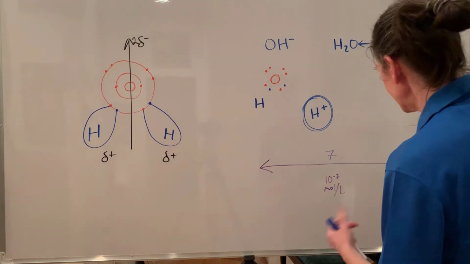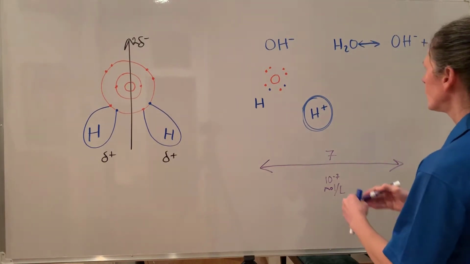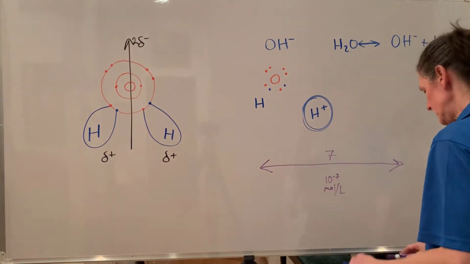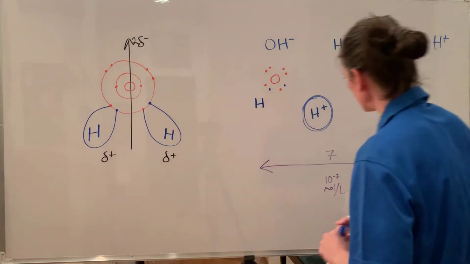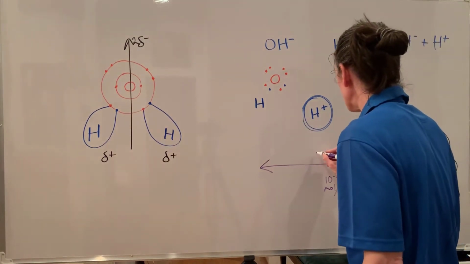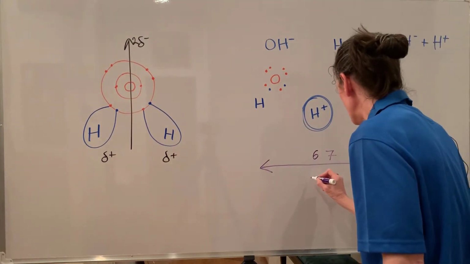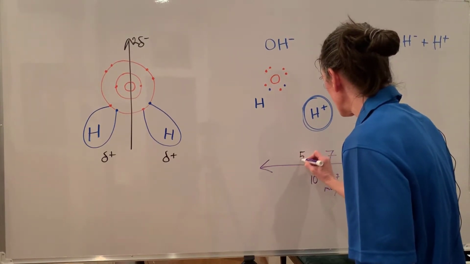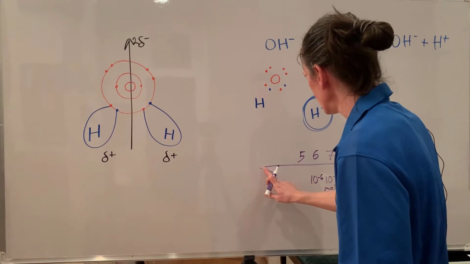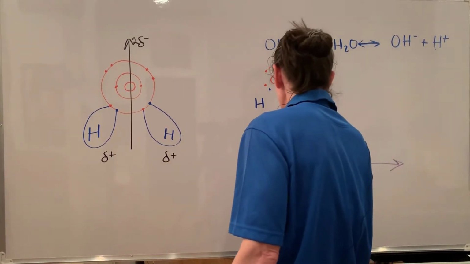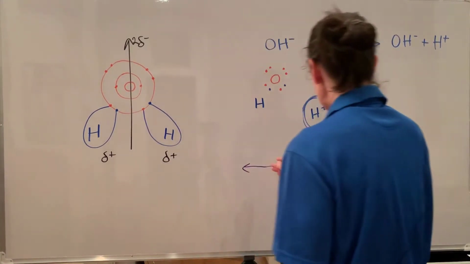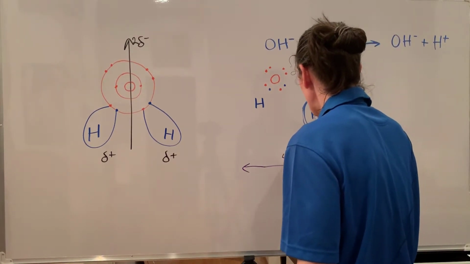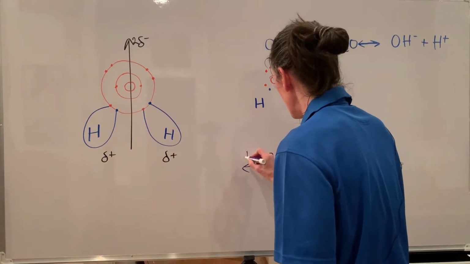If we have something that puts more hydrogen ion into solution, then we increase the concentration. So a pH of 6 would correspond to 10 to the negative 6 mole. 5 would correspond to 10 to the negative 5. So as you see, we are increasing the concentration of hydrogen ion in 4, 3, 2, 1, and 0.